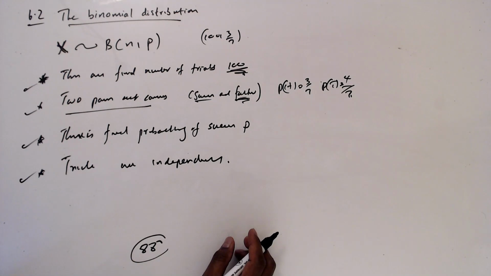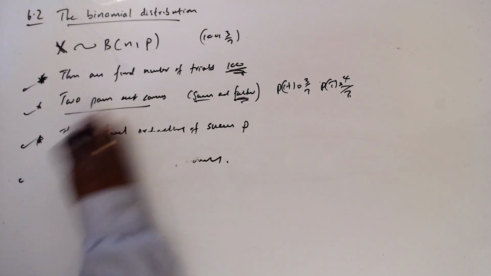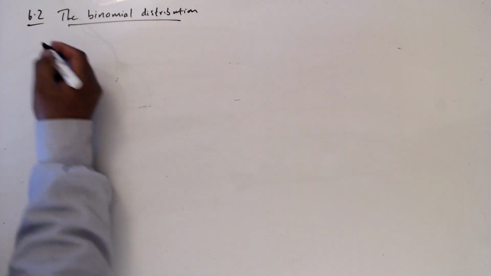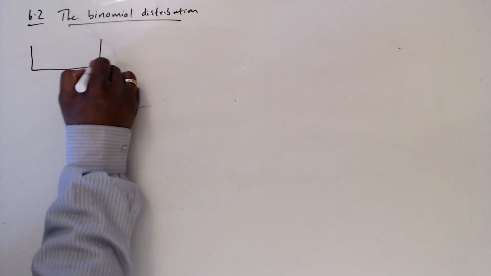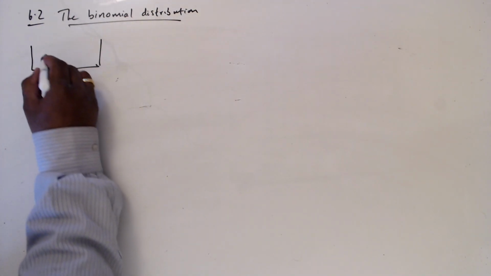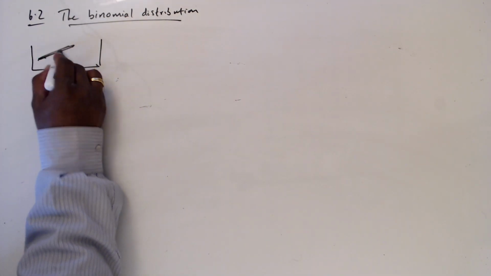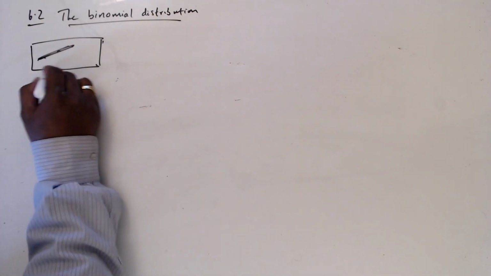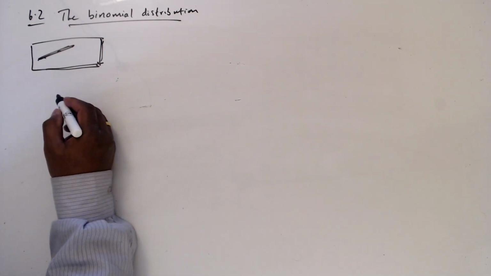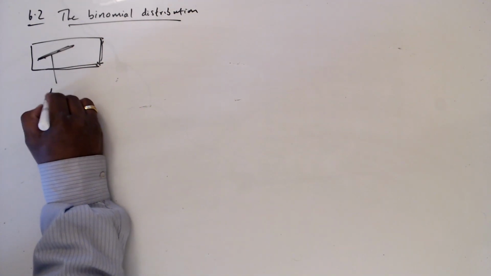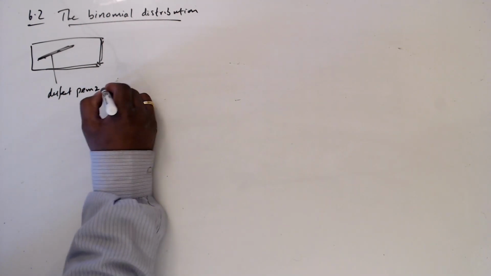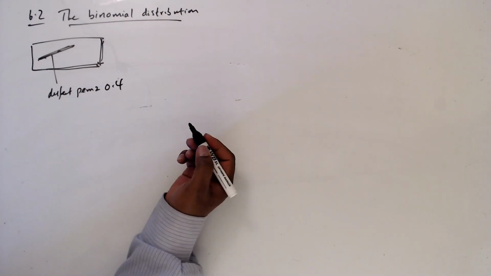I'm going to discuss one last sum. Assume the pen production from a factory, and the probability of getting a defective pen is 0.4.